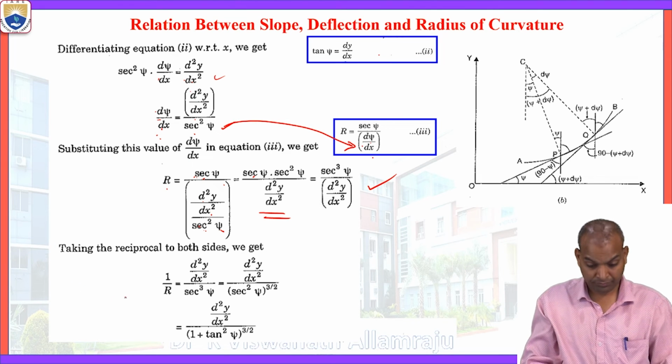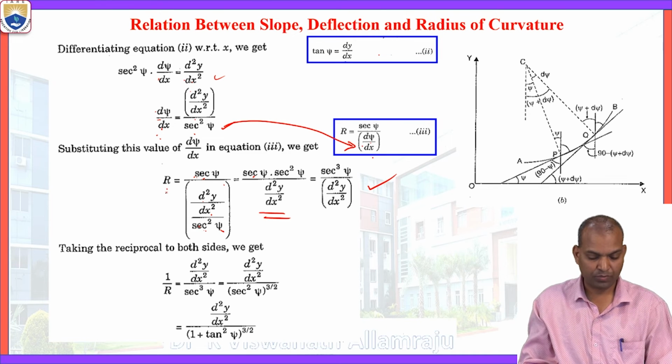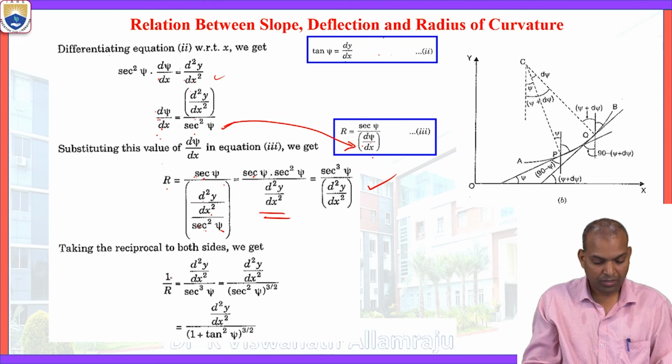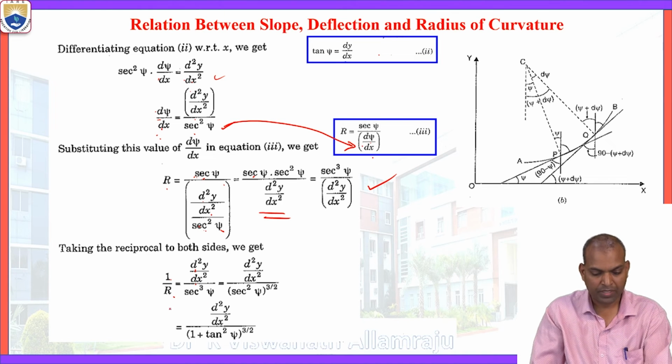Now by taking the reciprocals on both sides, 1 by r equals d square y by dx square by secant cube psi.